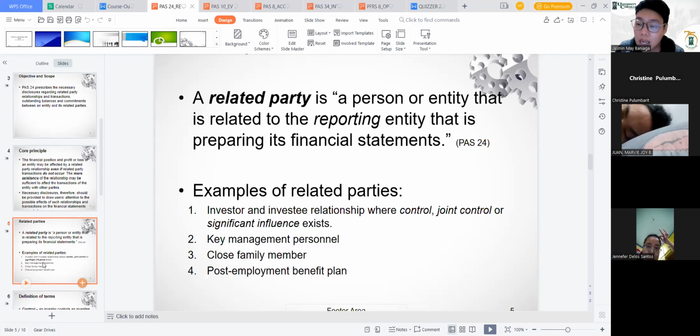Key management personnel have transactions with our entity, basically the board of directors or the management. Our close family members, our husband or wife, siblings, direct family members have transactions or a relationship with our entity, and some post-employment benefit plans. These are related party disclosures. Some definitions, let's move forward.